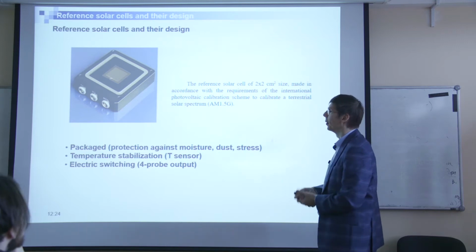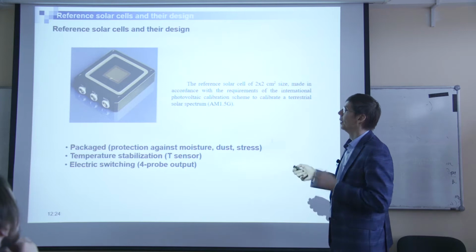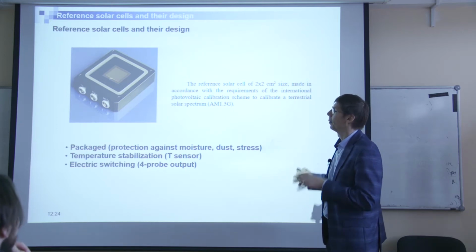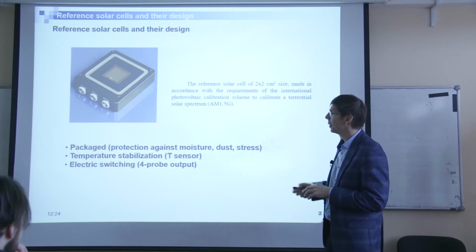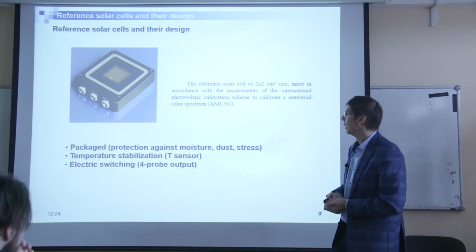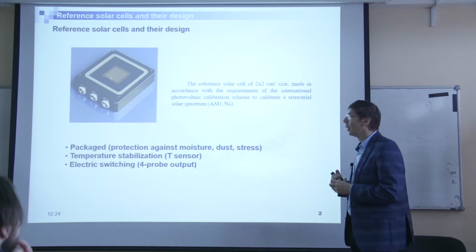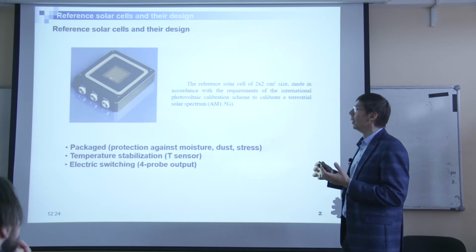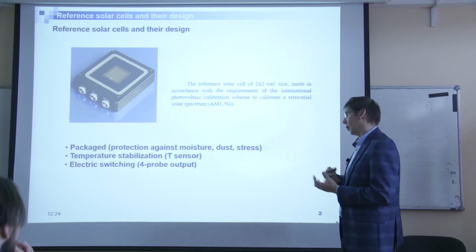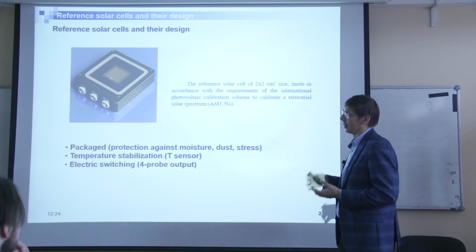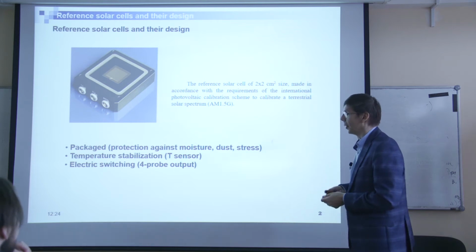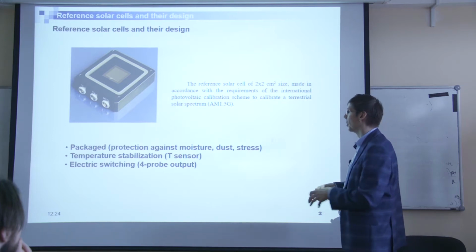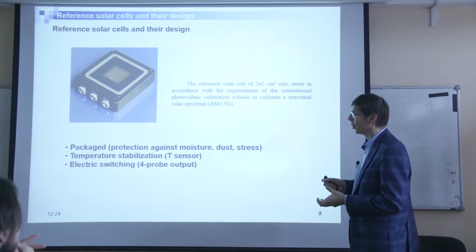The reference solar cell should have a temperature sensor inside, and normally it's a platinum resistance resistor, which is also a kind of metrological standard. It's PT100, which means this resistor has 100 ohms at 0 degrees Celsius.